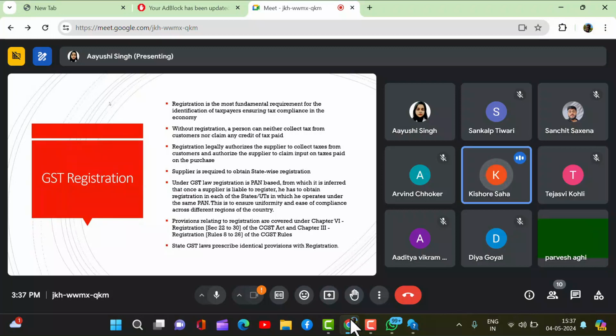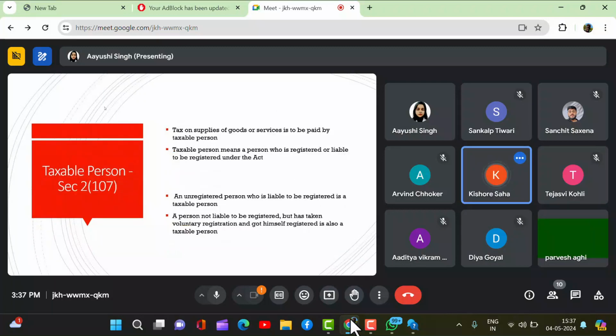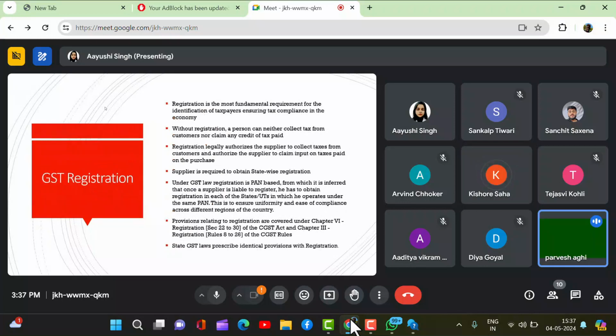Suppose a person has a business in Bombay as well as Delhi, operating from two places in India. Will he have one registration under GST or two registrations? Sir, I think he will have two registrations. In both the different places, he'll have to register himself. Yes, absolutely right.